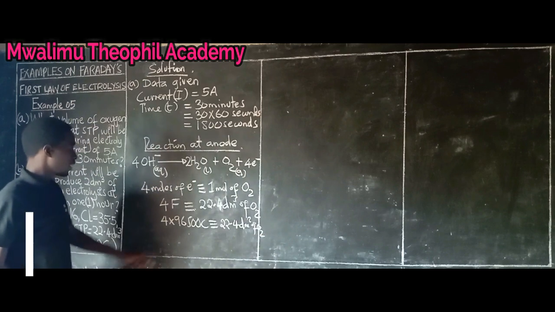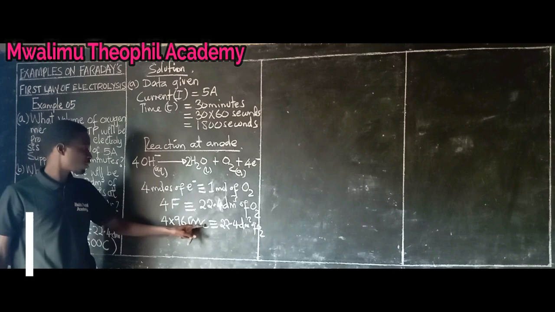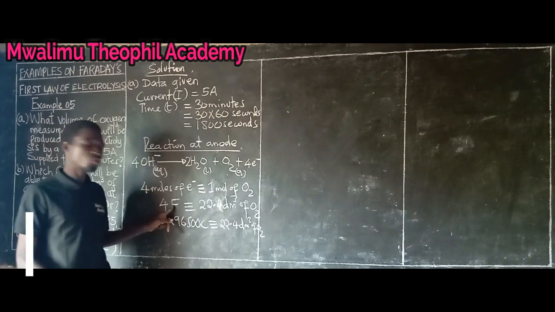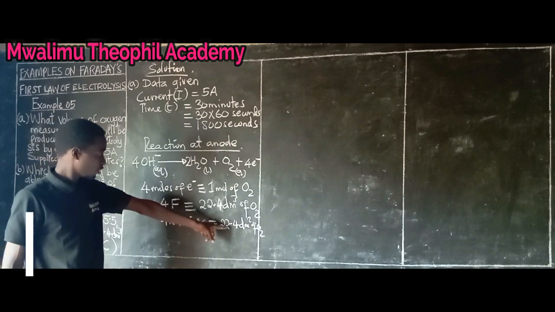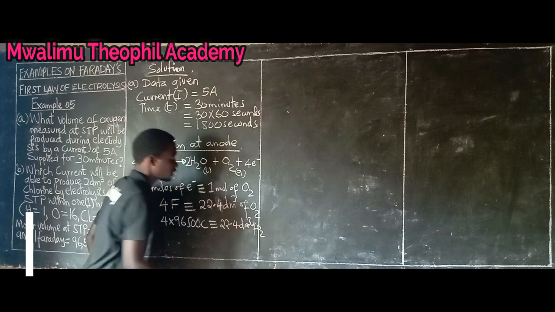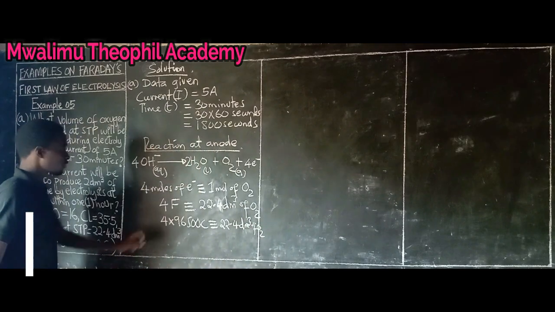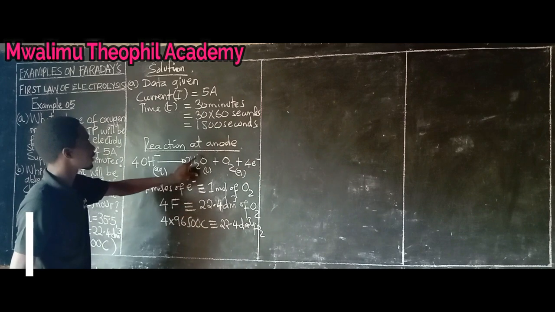As you can see, I have multiplied 4 times 96,500 Coulomb because 1 Faraday is equal to 96,500 Coulomb, equivalent to 22.4 decimeter cubic of oxygen gas, according to the balanced chemical equation.